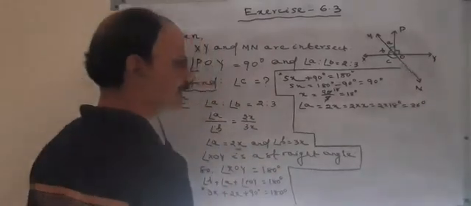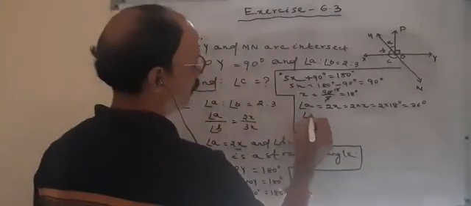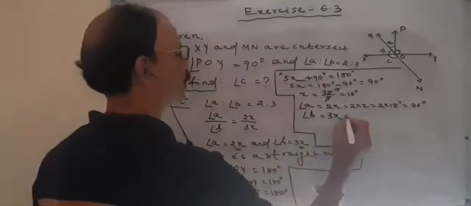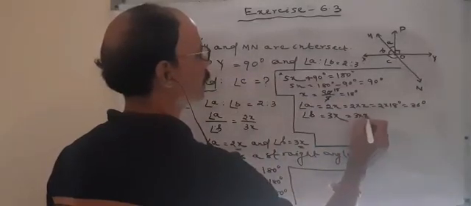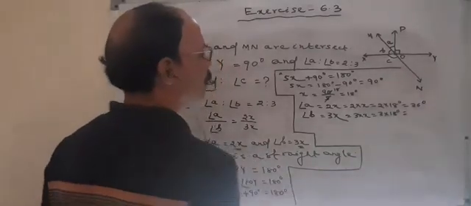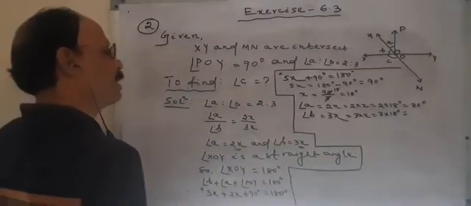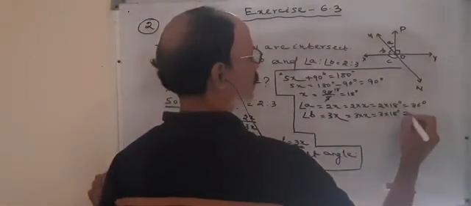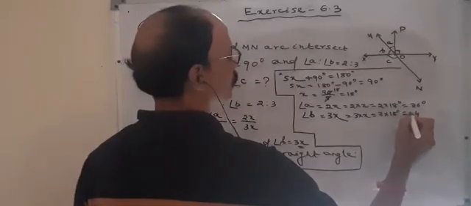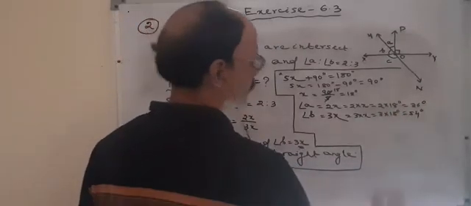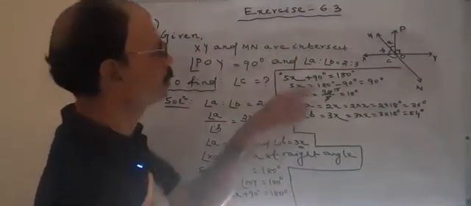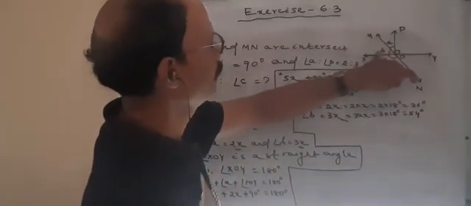So we got angle A as 36 degree. Angle B is what? 3x. So 3 multiply 18, it is 54 degree. So the angle B becomes 54 degree. Now we found the value of A and the value of B.